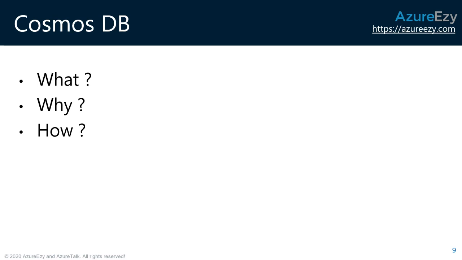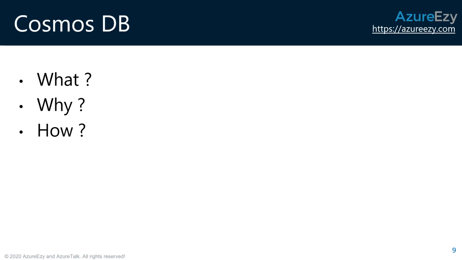What it is, why we need it, and how we can implement it, or how it can help us. This is a very simple questioning way of learning anything, and trust me, it's highly effective.